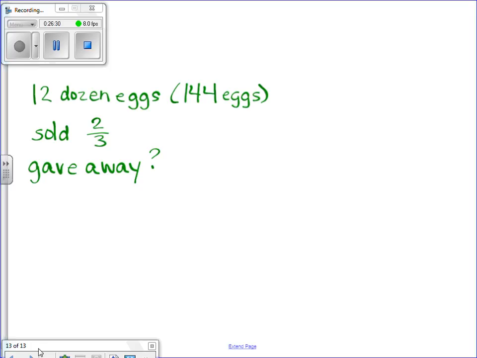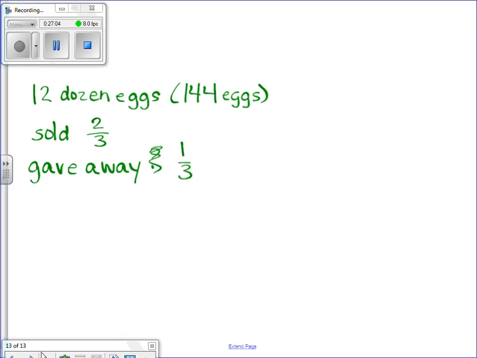If he sold 2/3, he gave away 1/3, because 2/3 and 1/3 is 3/3. How many dozens did the farmer give away?